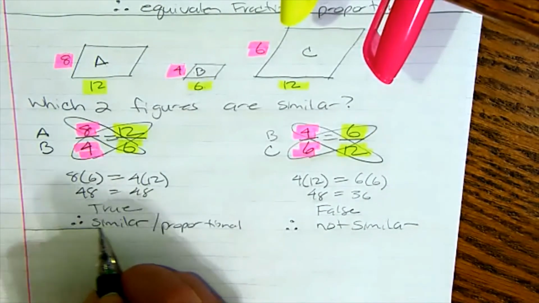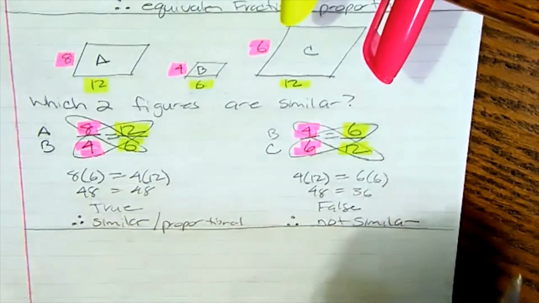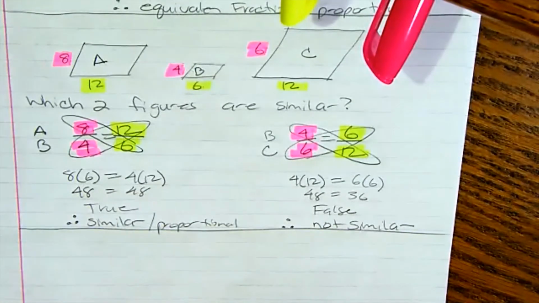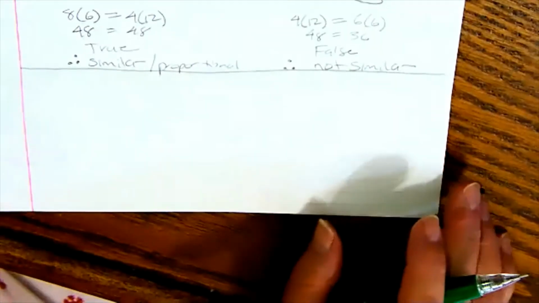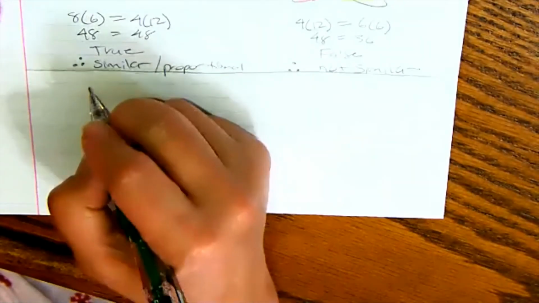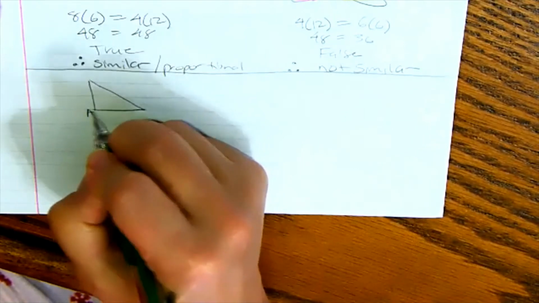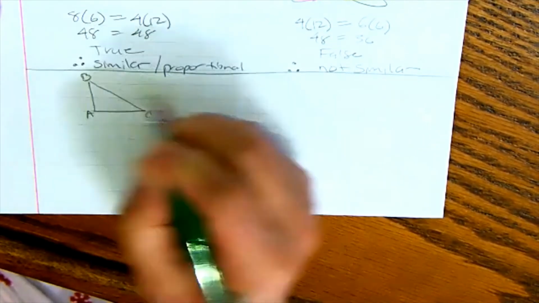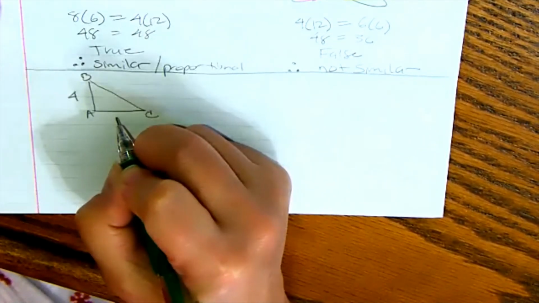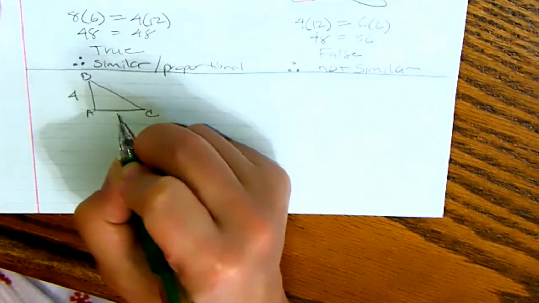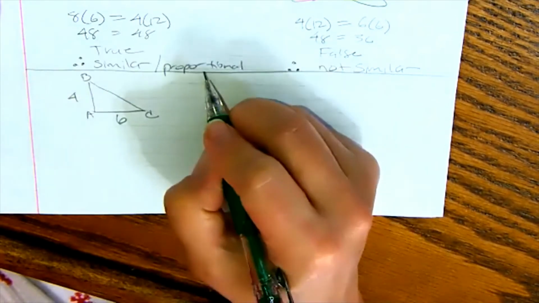Now, using that same idea, we can determine missing parts. So I've got this triangle right here, A, B, C, with a height of 4 and a width of 6.